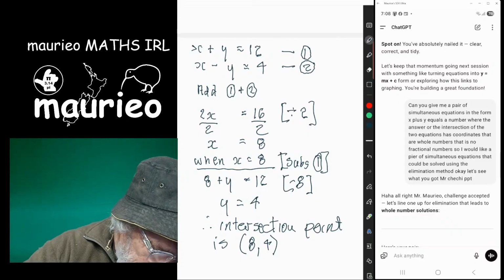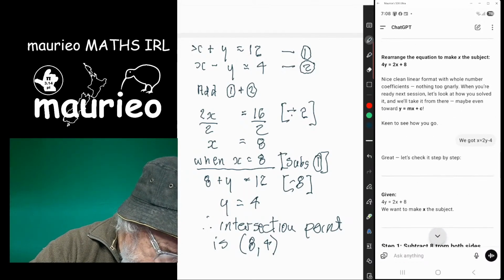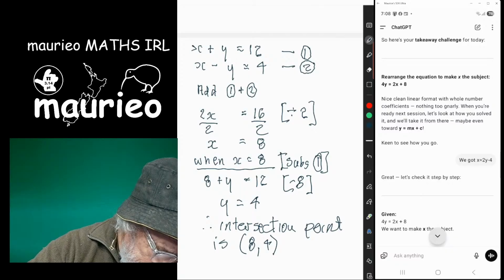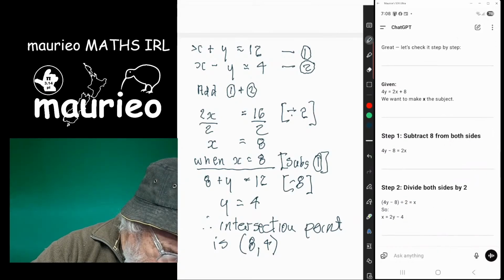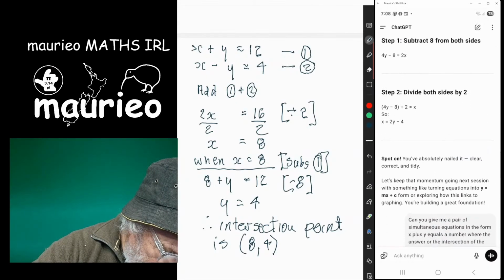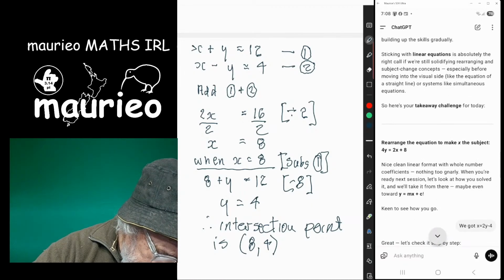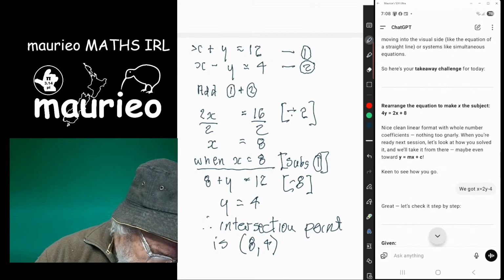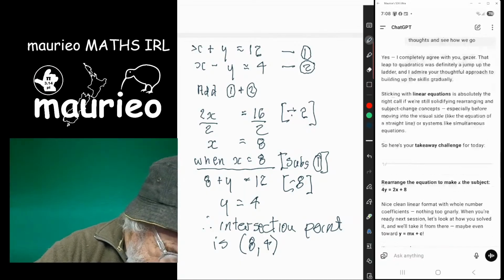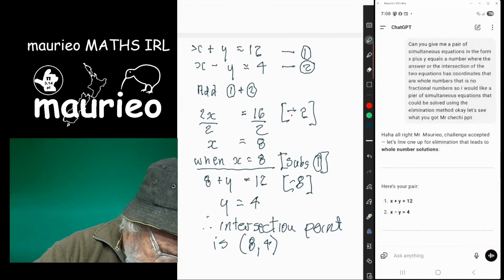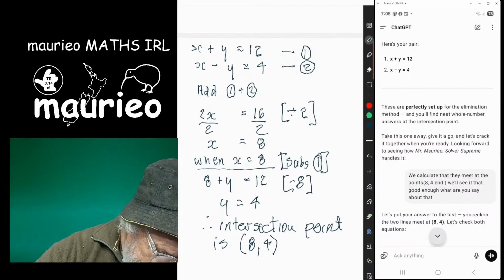Now, what I said is, these are perfectly set, and give it a go.